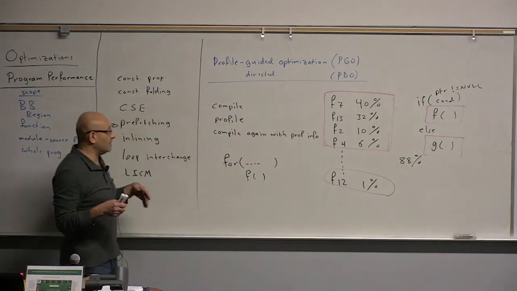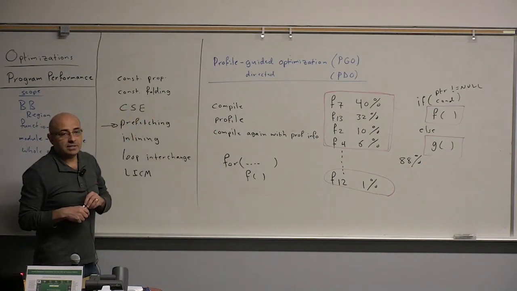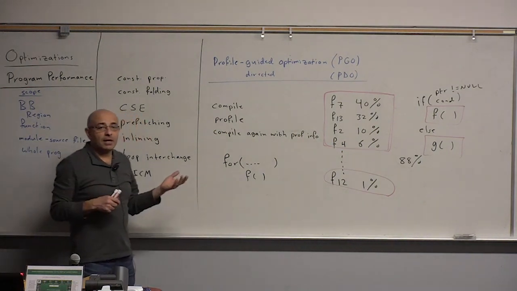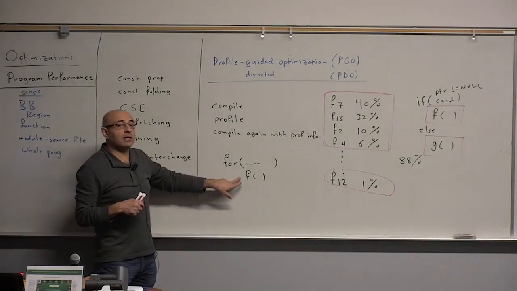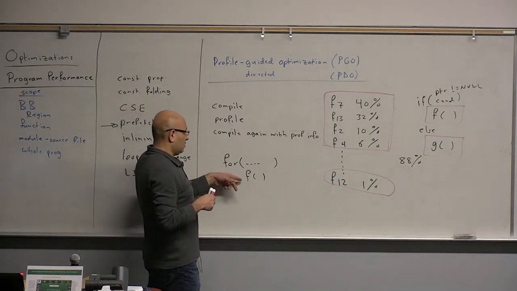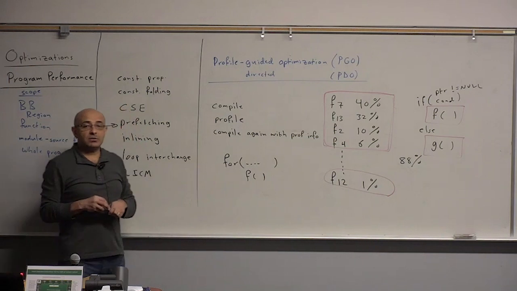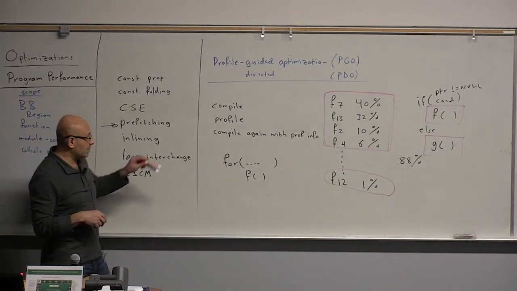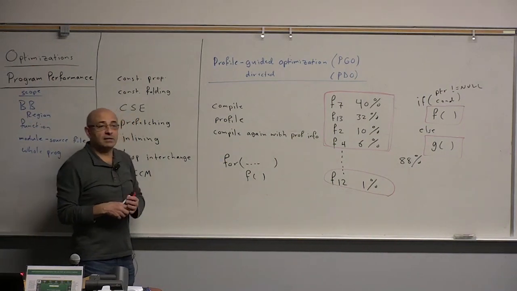But profiling can tell you how frequently a loop is executed, and that can impact our decision to inline or not inline a function. Usually, do we inline if the loop is executed many times or a few times? So how does the number of executions affect our decision to inline this function?